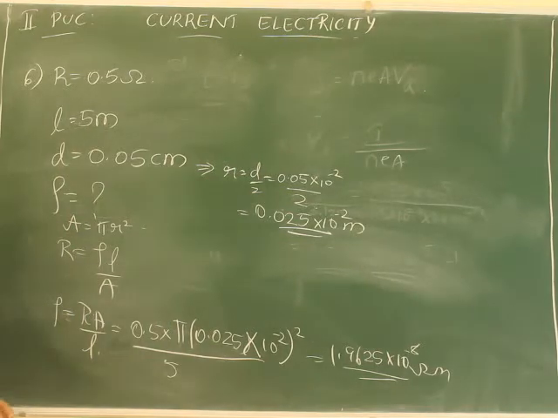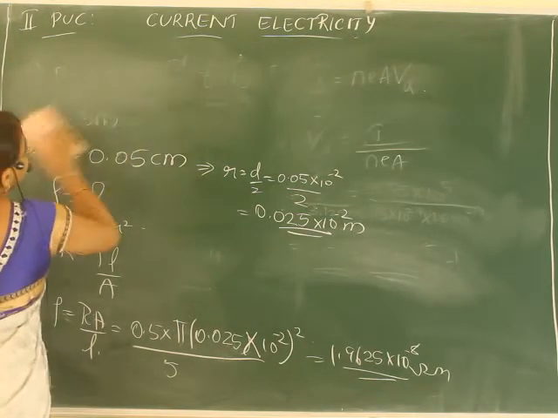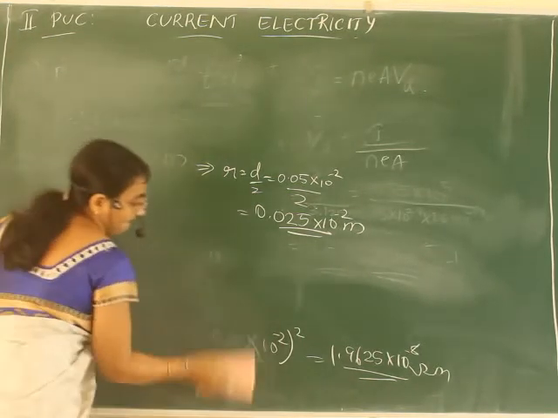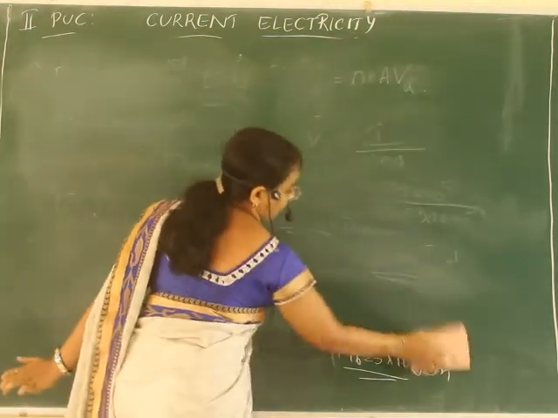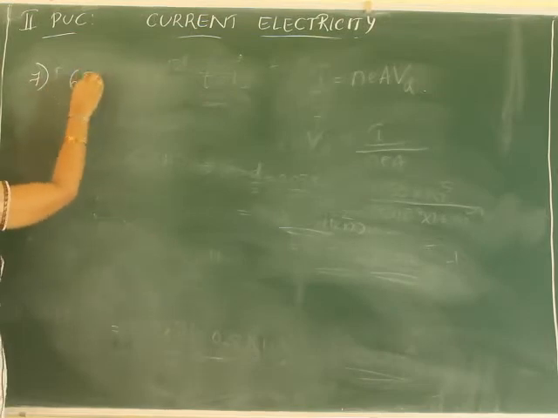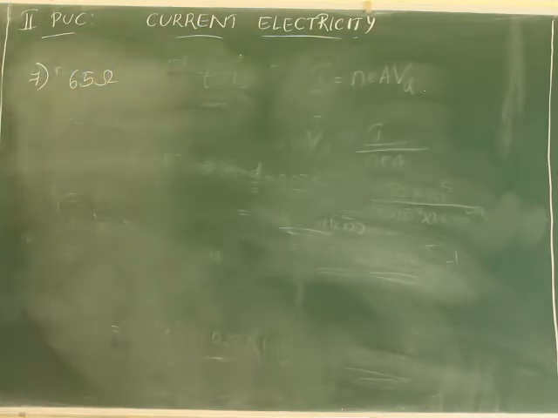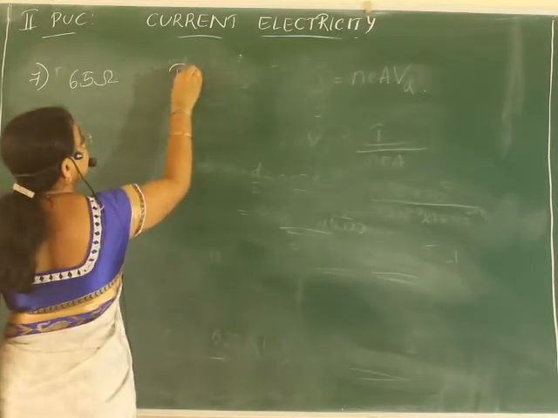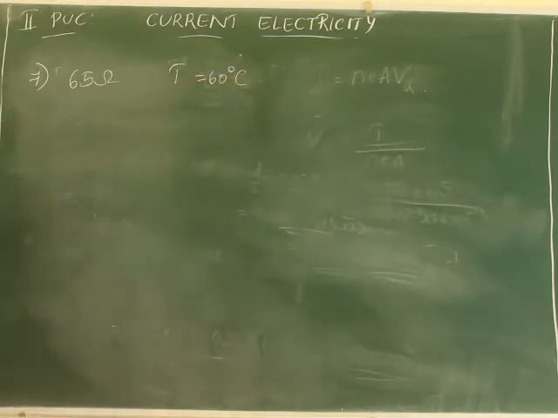Shall I move to the next problem? Yes. Question number 7. Resistance of a conductor is 6.5 ohm at 60 degrees Celsius, and 7.7 ohm at 100 degrees Celsius.